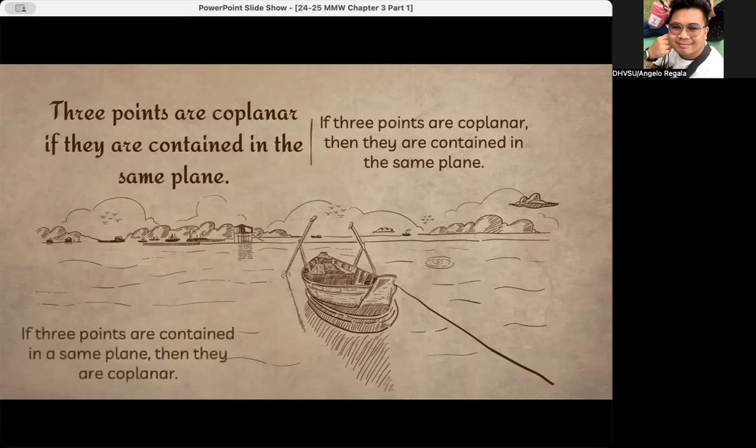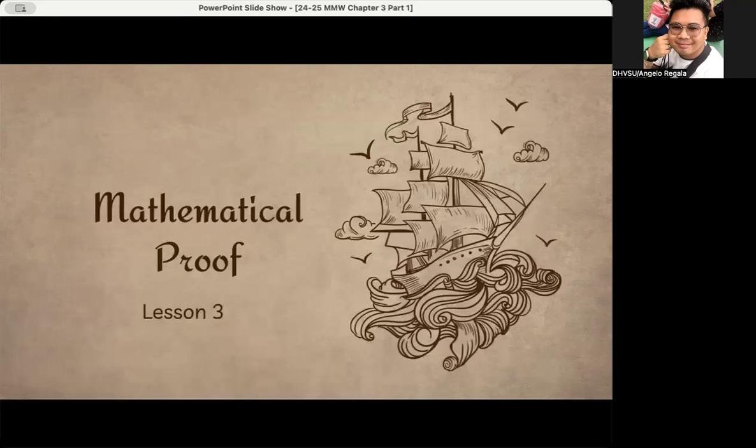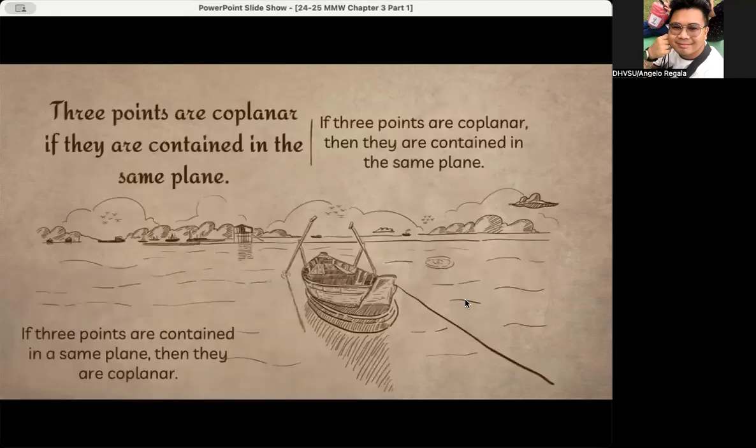Okay? We also have what we call mathematical proof. Okay? So sa mathematical proof naman, before we proceed to that, meron tayong tinatawag na biconditional statements.